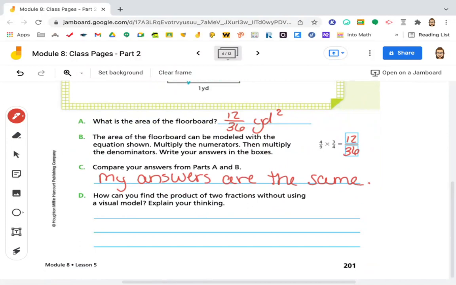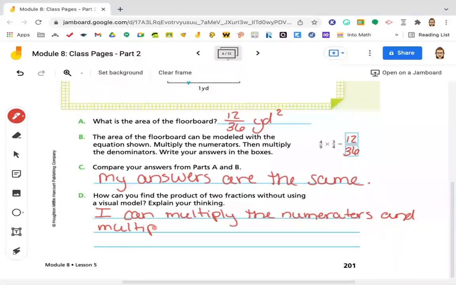This says, how can you find the product of two fractions without using a visual model? Explain your thinking. Well, I can multiply the numerators and multiply the denominators.